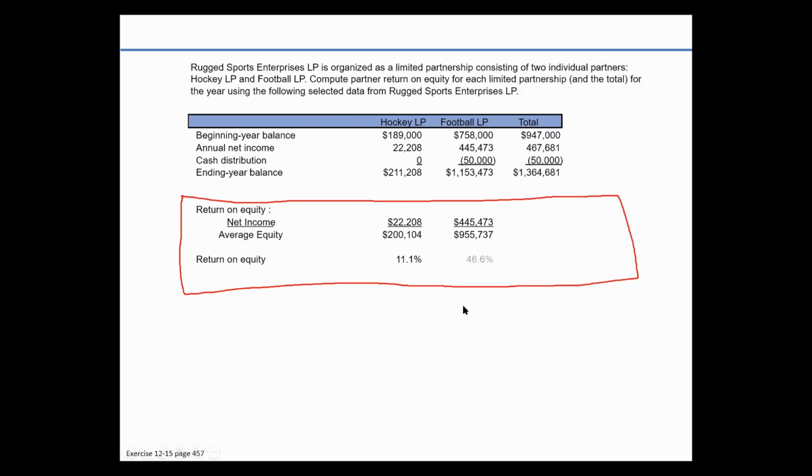And then we can go ahead and do the same thing for the total, and I'll show you how they do that.